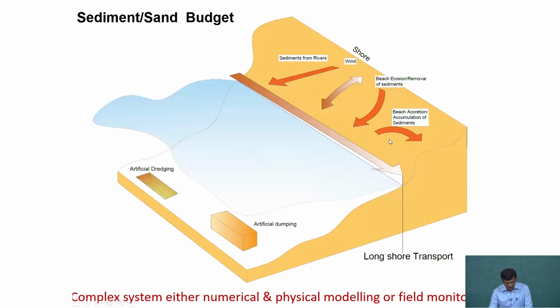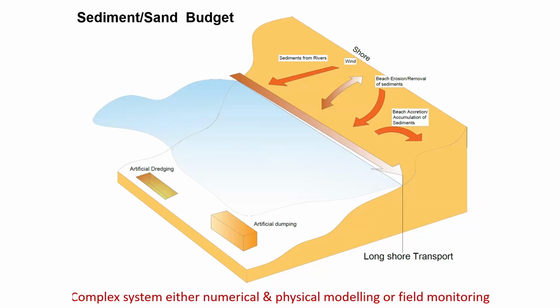So this is my last slide, and either in terms of dredging or depositing or artificial dumping, that means we are doing maintenance dredging for all our major ports, and we are dumping in the offshore again. All these are either a source or a sink, and sediments from the rivers are continuous suppliers, but in terms of dams or short dikes we are preventing all the sediment movement into the ocean.